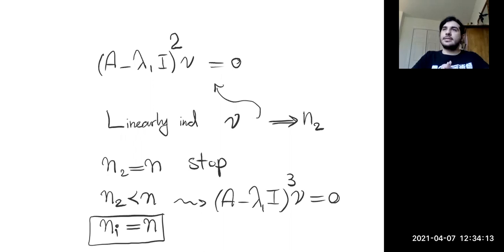We would stop at some point. And then I would do that for all these eigenvalues. So we have different eigenvalues, lambda 1 up to lambda k, and we would do that for all of them. Okay, is there a question?